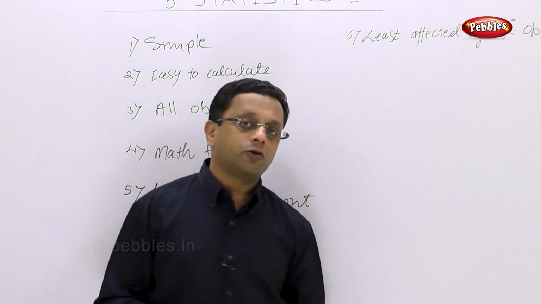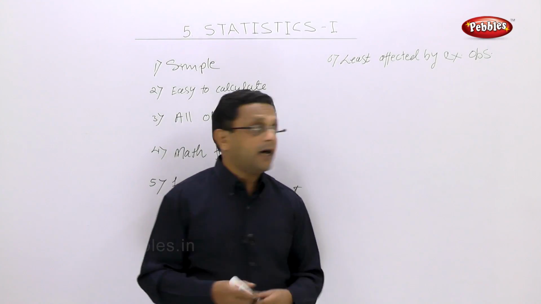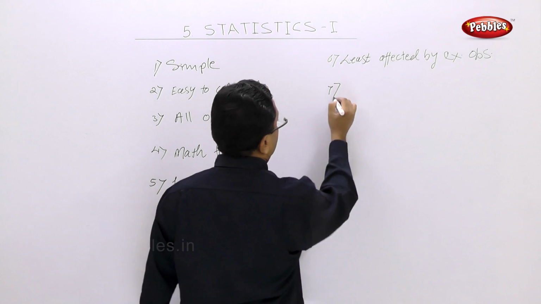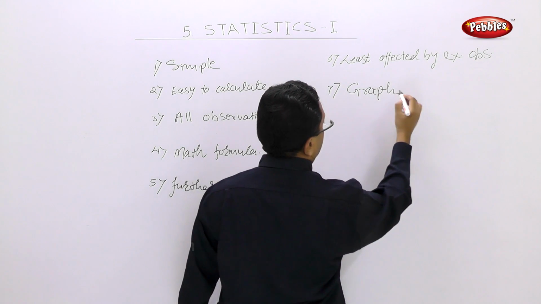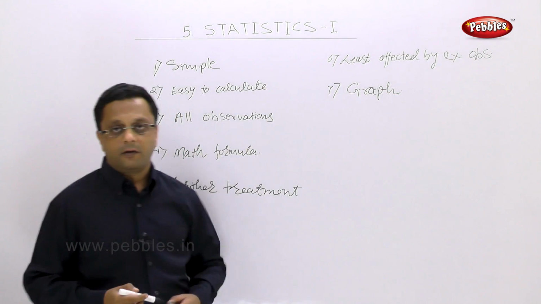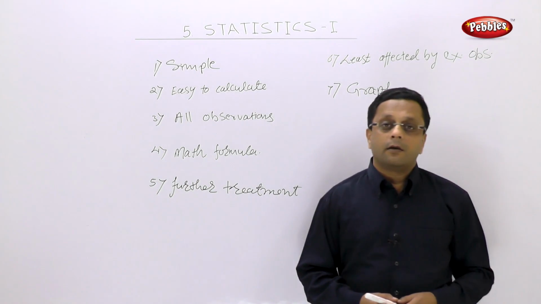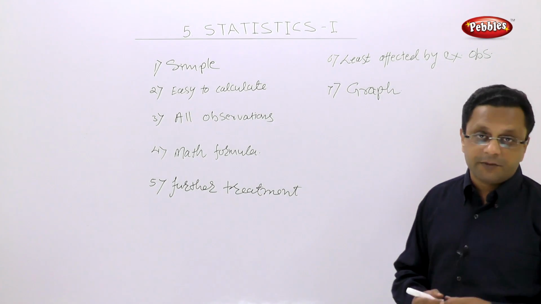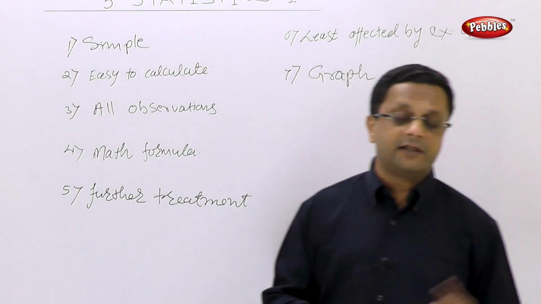That means there should not be a large deviation in your answer. At last, it should be represented by a graph. Graphical representation must be possible or must be easy. So these are the ideal measures of the central tendencies.